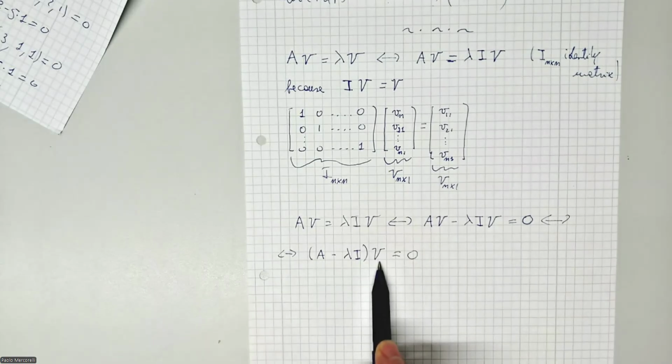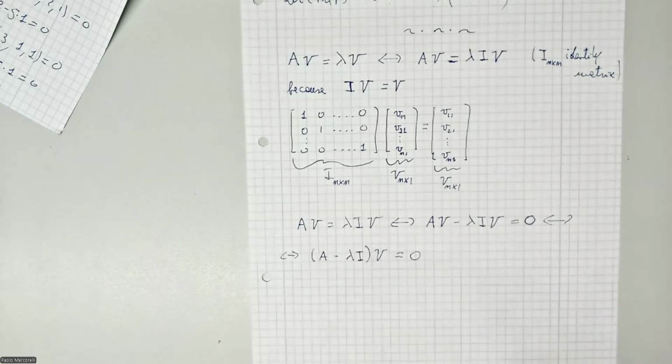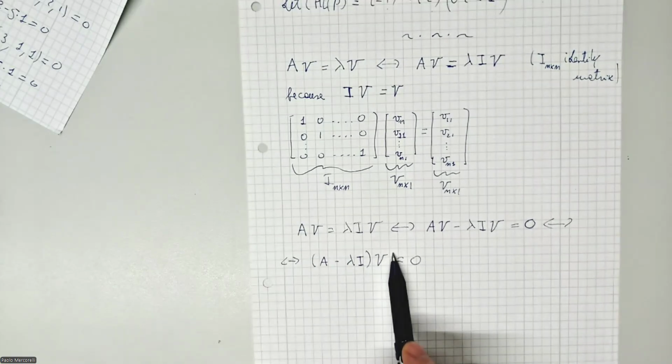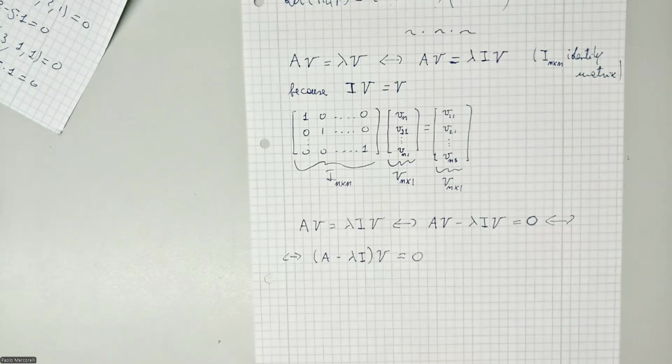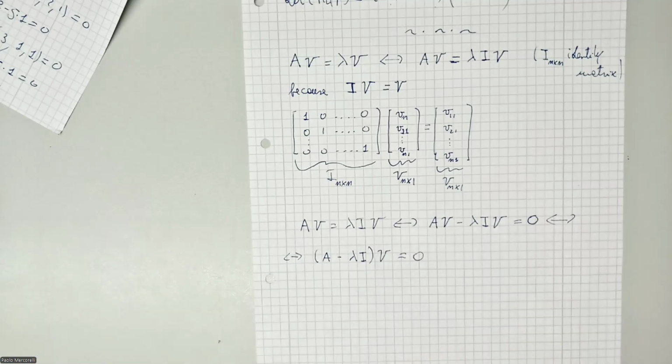I put in evidence this element here, on the right or on the left, it depends. But let me write V will multiply everything on the right. Multiplying on the right or on the left is different between vectors and matrices. Anyway, I think it's intuitive from here to here. Otherwise, I can be more explicit, but I don't think it is needed.